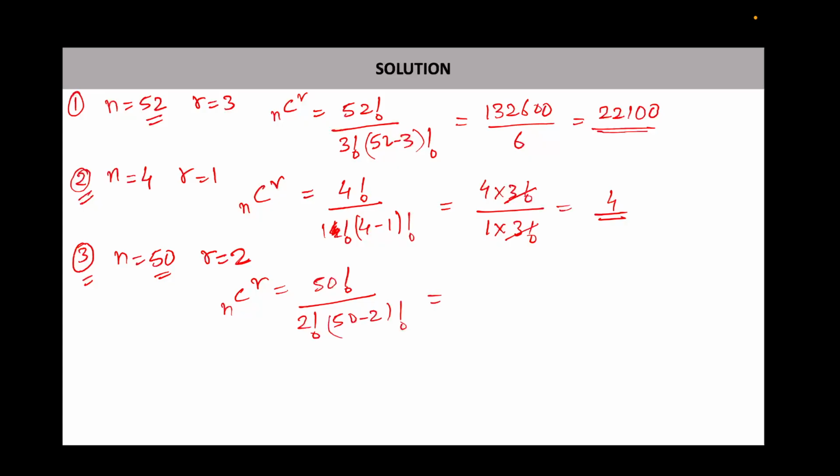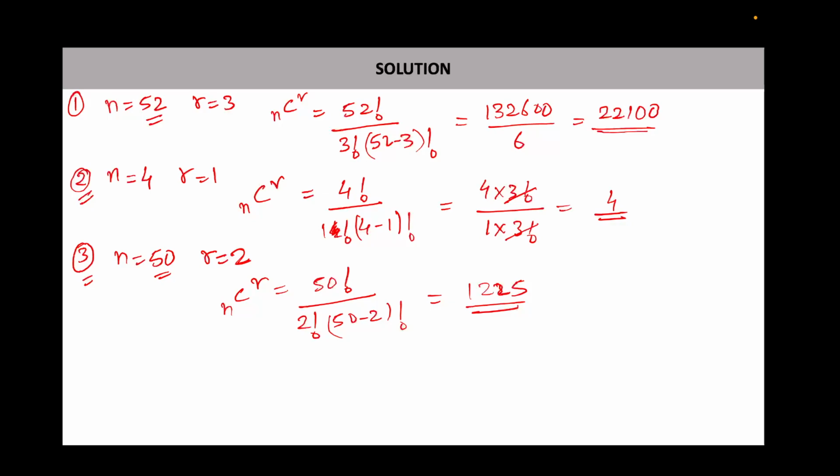If you simply solve this, you will get the answer as 1225. This is the third combination. Now the question says, to get exactly one king, what is the number of combinations that is possible?